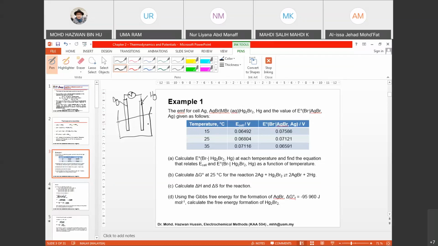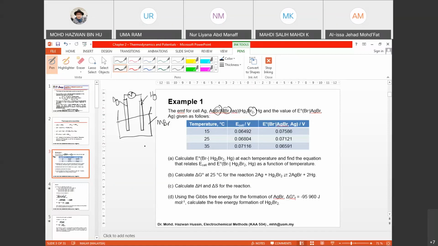So the solution is basically metal bromide, any types of metals, MBr. So the common ion over here, if you see, is bromide. It is a common ion for the anodic side and also the cathodic side.